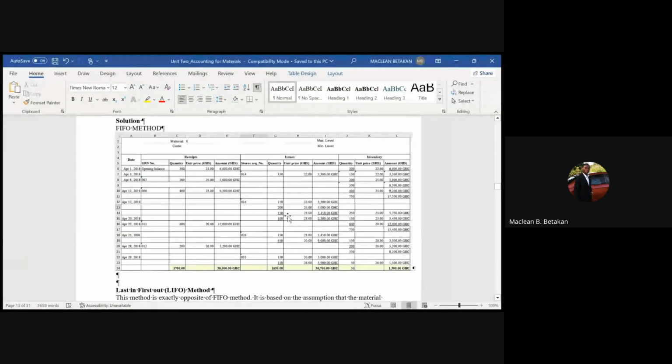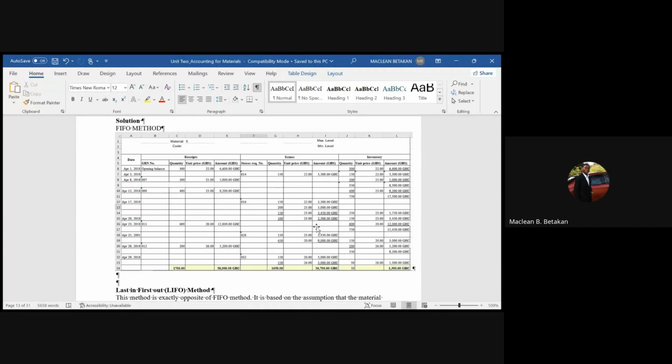So we come and issue the 100 units here. The 250 is valued at 23. So that is the 23 we are going to use to issue out. Then the 250, if you issued 100, how much is left? 150.